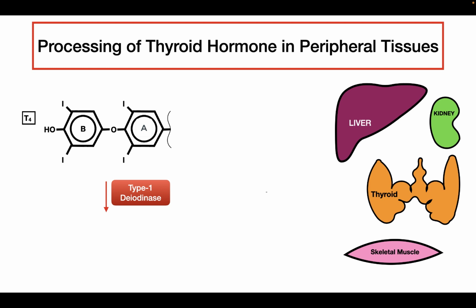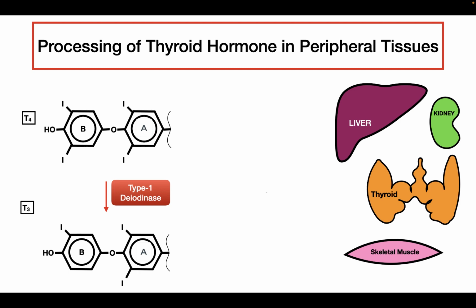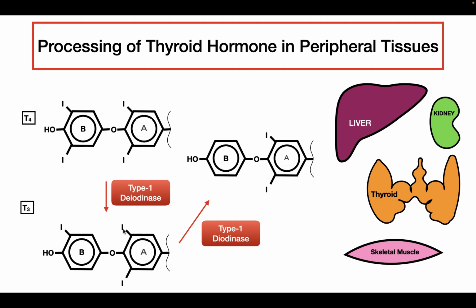Type 1 deiodinases basically take an iodine off of the B ring and convert T4 into T3. So we see here that these tissues can produce T3 by using this enzyme. This enzyme catalyzes the conversion of T4 into T3. Now this T3 can be further processed by type 1 deiodinases into T2, and then T2 can be further broken down into tyrosine.